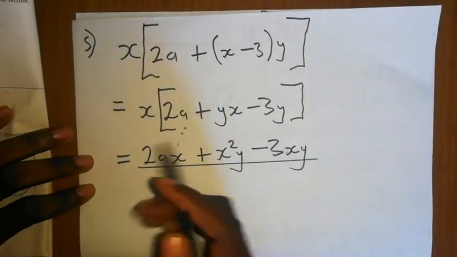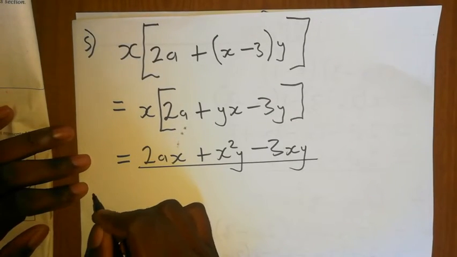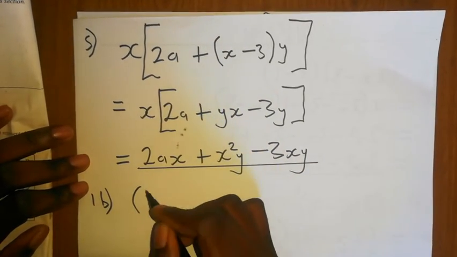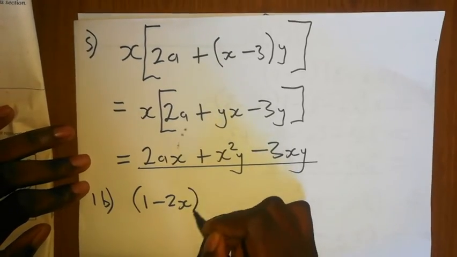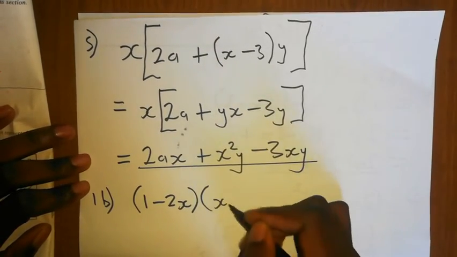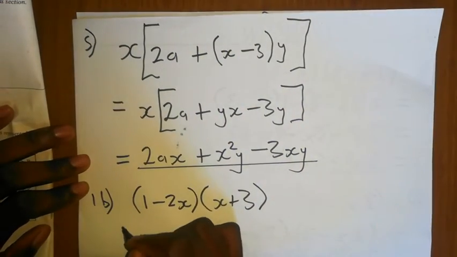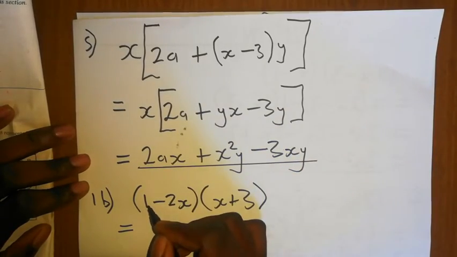So our question is, this is number 1B, November 2009. It's 1 minus 2x close, then x plus 3. We're going to apply our concept. So it's equals to the second bracket multiply the first bracket twice.